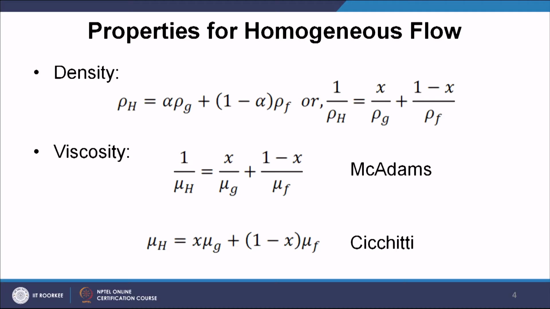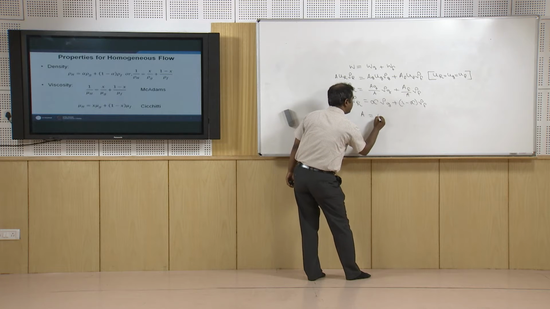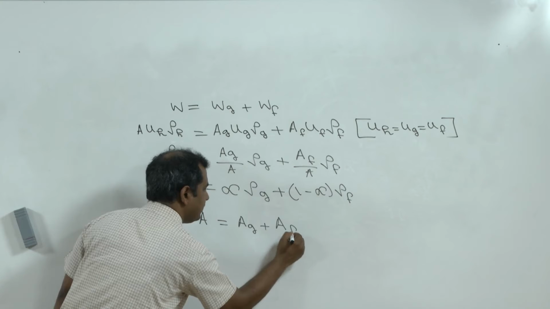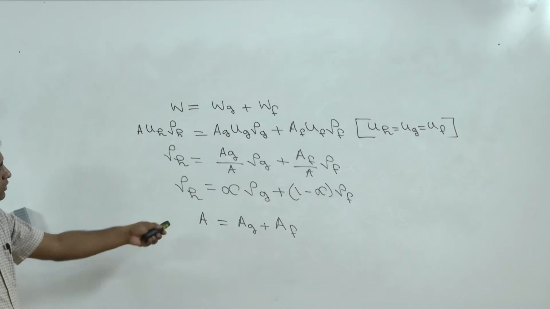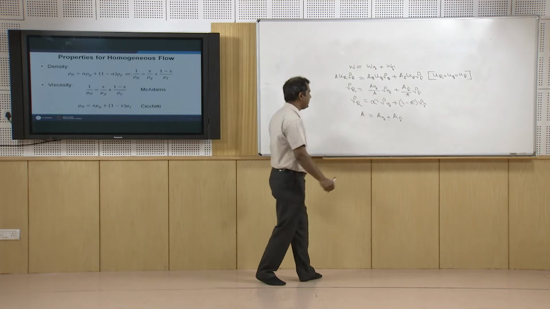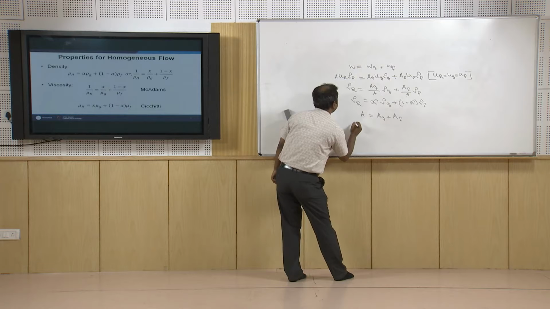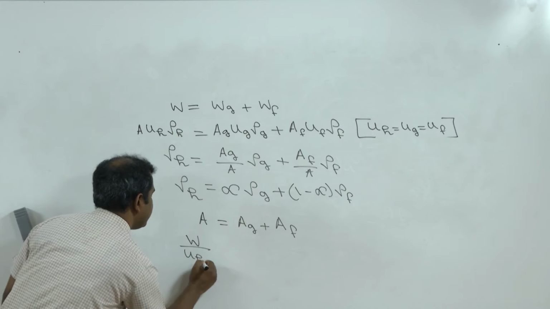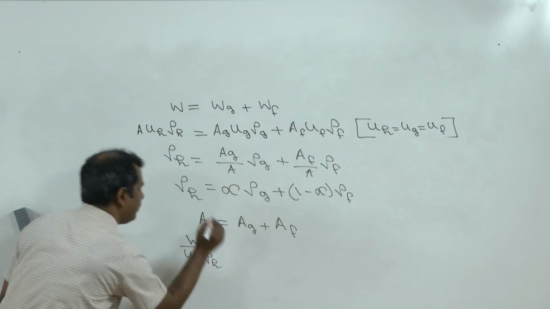Similarly, if you go from the area side, the total area of the pipeline is occupied by the gaseous phase and liquid phase. So I can write A equals Ag plus Af. A can be written as W by UH into rho h from the continuity equation.